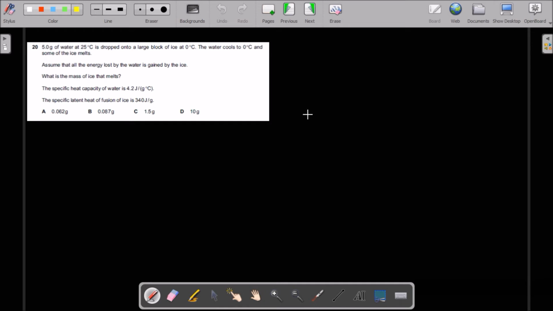We know that Q given by the water to the ice is equal to Q gained by the ice from the water. That's why we can say that mcΔθ for water equals mL_F for ice. This is the latent heat of fusion for ice.